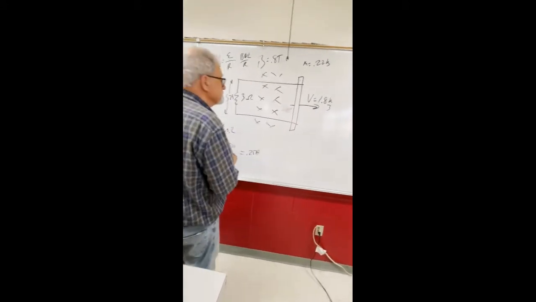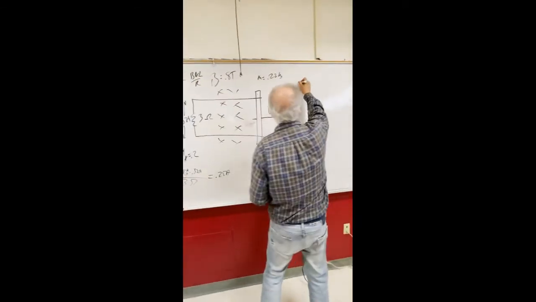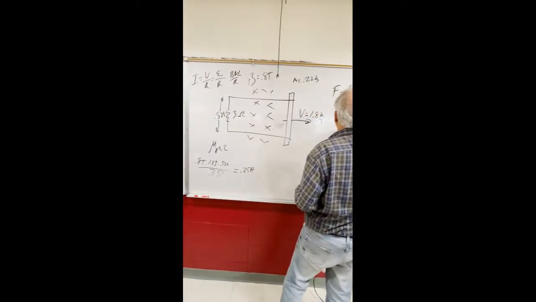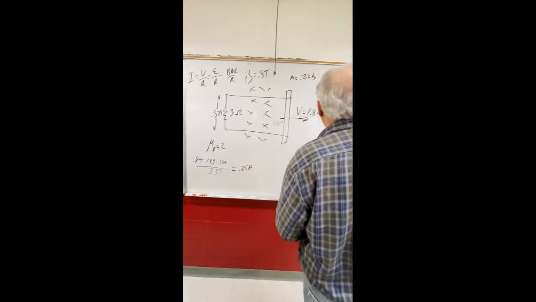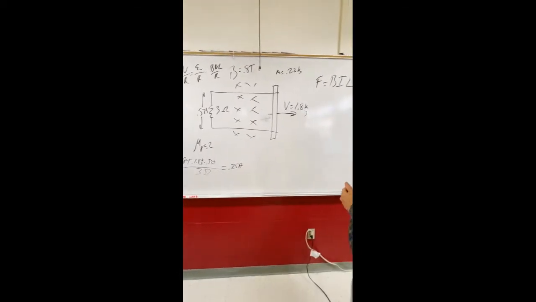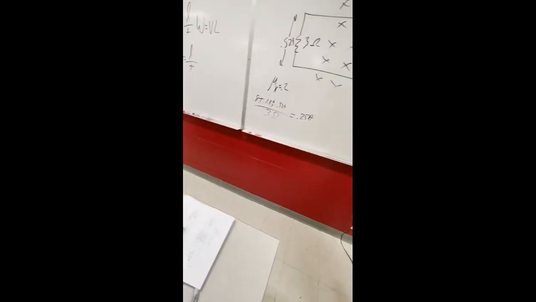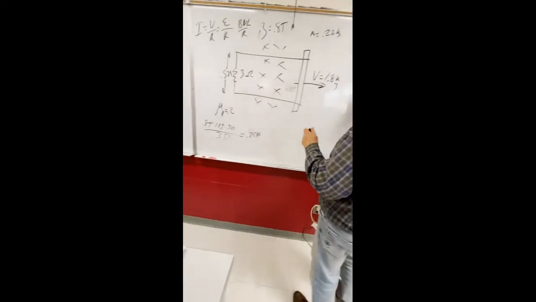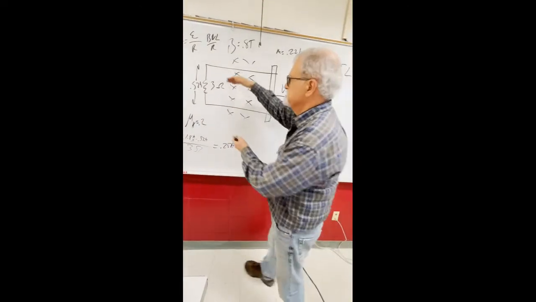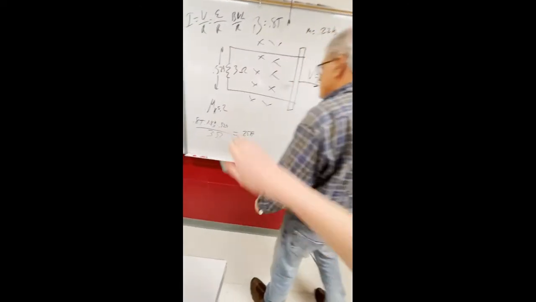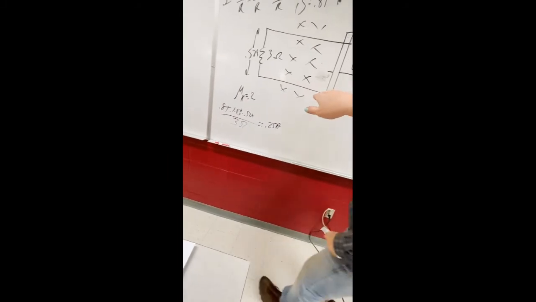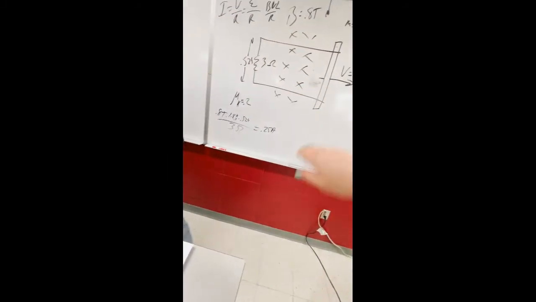Now it says calculate the magnitude of the force required to pull the rod to the right with constant speed. So we know the force is going to equal BIL or BQV. We don't have the charge, so we can't use Q; we're going to have to use BIL.